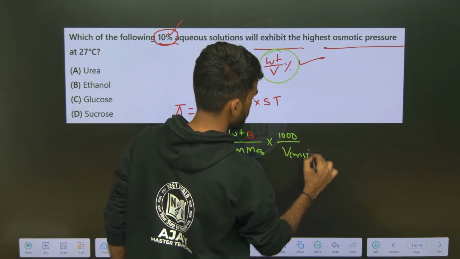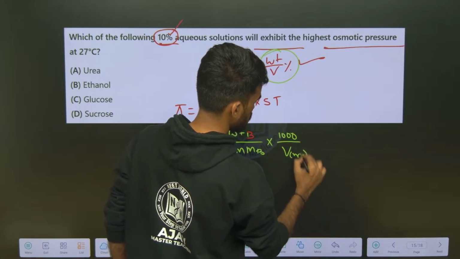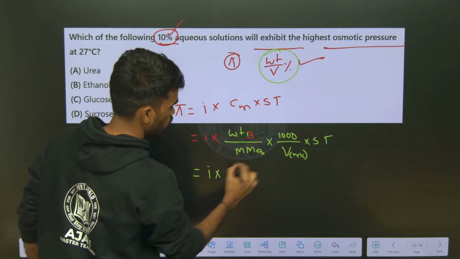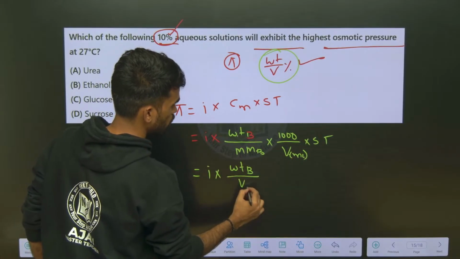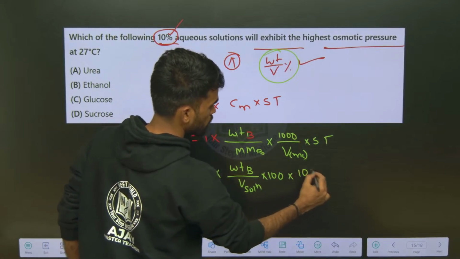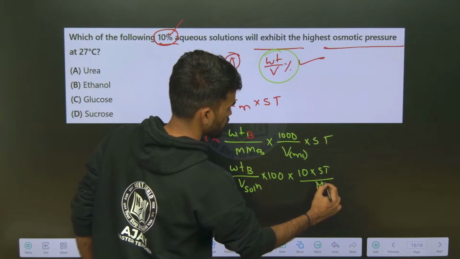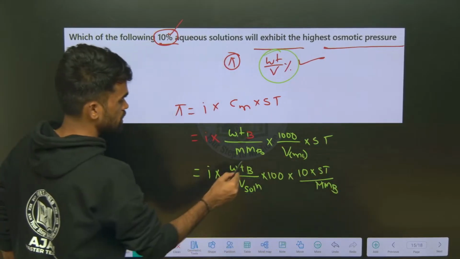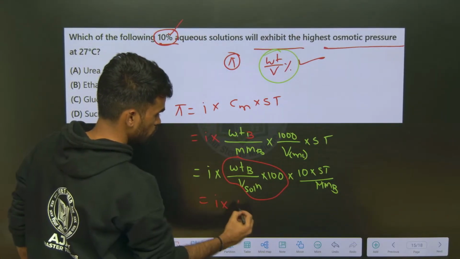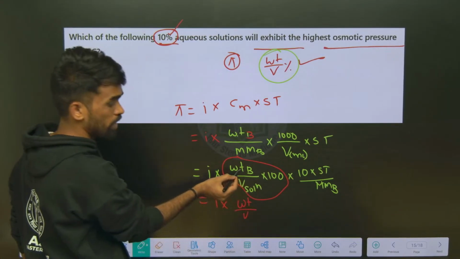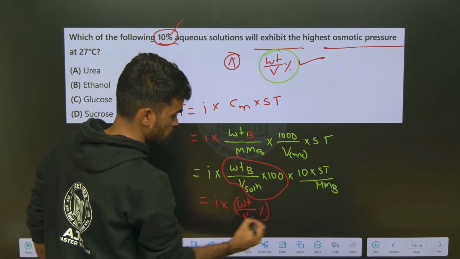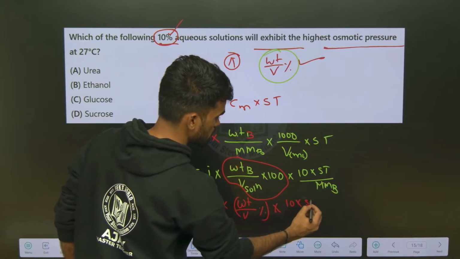And from here, with ST, I am writing i into weight of solute by volume of solution into 1000, I am writing 100 into 10 into ST by Mb. This is nothing but the percentage they mentioned. So write i into weight of solute by volume of solution into 100, this is nothing but weight by volume percentage multiplied with 10 into ST by Mb.